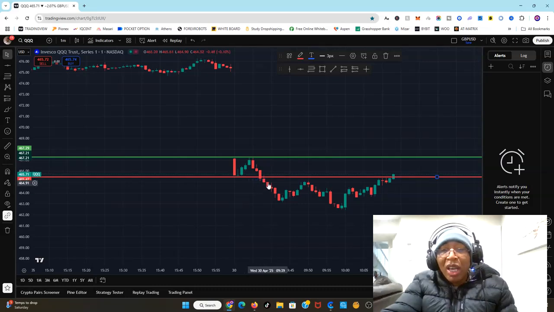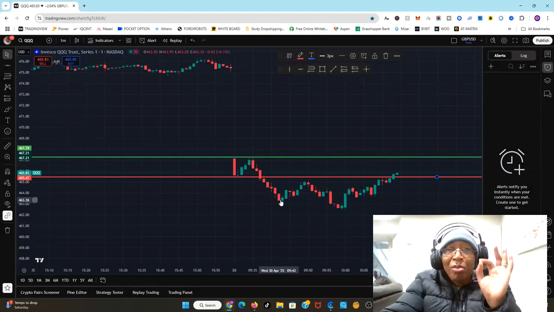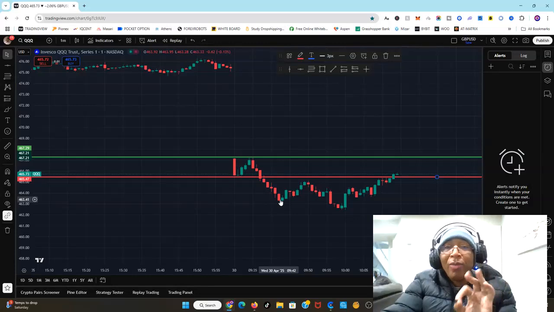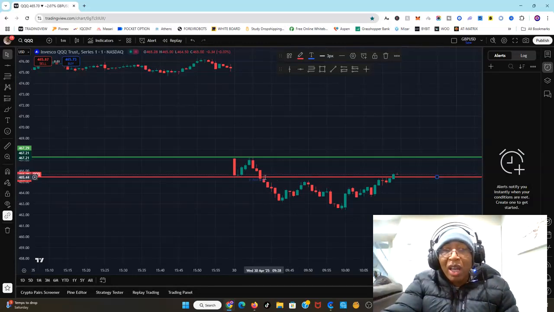So this would be their entry execution candle right here. They'll enter here, on candle close, and scalp that all the way down here and get out of the market right there. But that means you have to be glued to your computer. And they're going to put their stop loss right here, at the previous candle's extreme, using this bottom line right here.